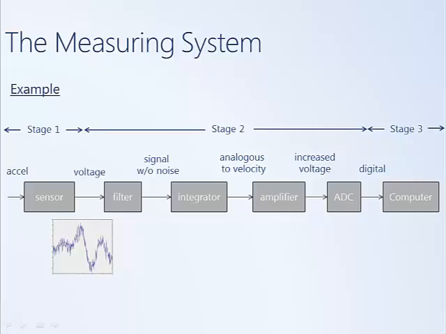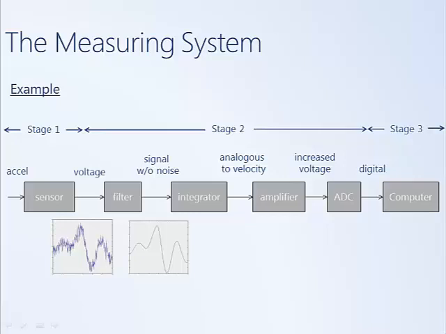And so the first thing that we want to do with our signal conditioning is filter out that noise. We want to send this signal through a low-pass filter to get rid of that noise. And that filtering can be done with a circuit, an RC circuit for example, an op-amp circuit, or it could be done in software.